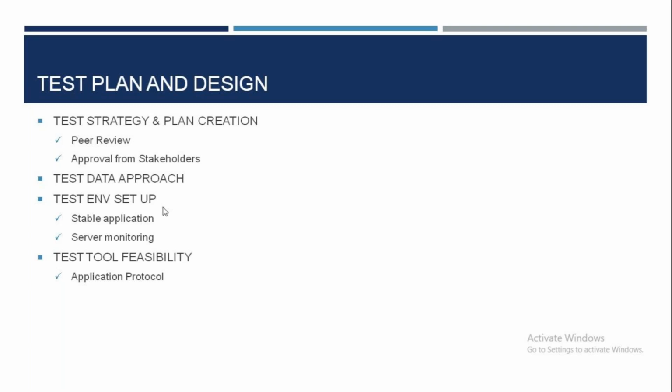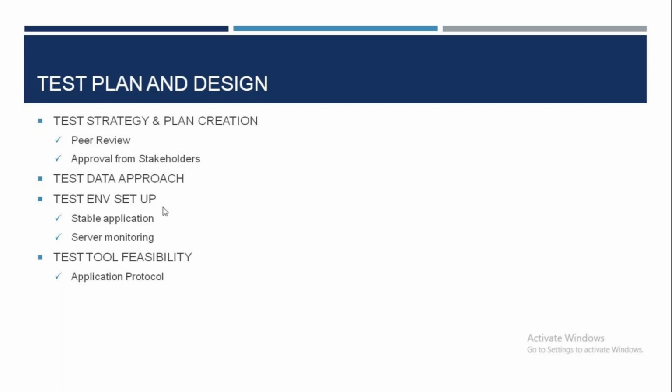Clear, all of you? So in this test tool feasibility analysis, you will conduct a proof of concept and check whether your test tool, may it be JMeter, LoadRunner, or NeoLoad, etc., is compatible with the application, whatever is available in your project. If you have been asked to implement JMeter, you have to first check with JMeter. Over here you determine the application protocol.